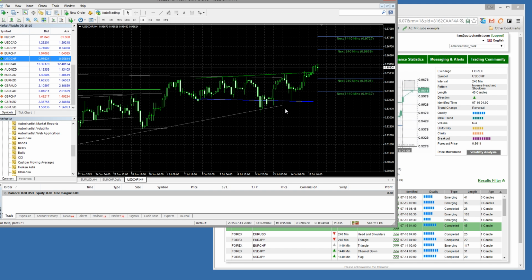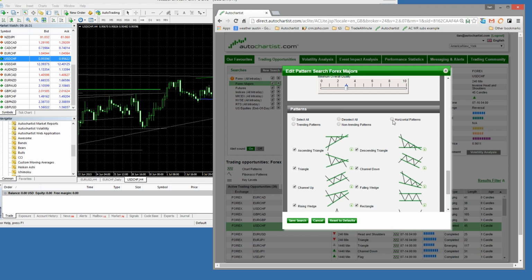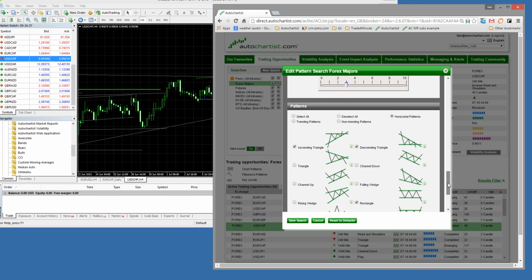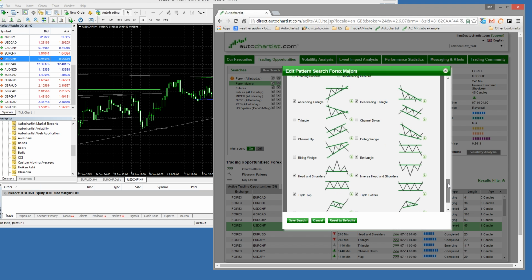If you want to know what horizontal patterns are, you would just go into your search screen. If you click on the advanced search section and go to the very bottom, there's actually a little toggle box here that says horizontal patterns. And that actually shows you what the horizontal patterns are. Those are patterns that are made up of at least one horizontal level.